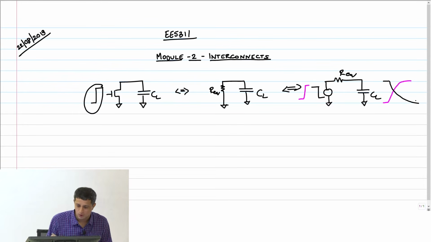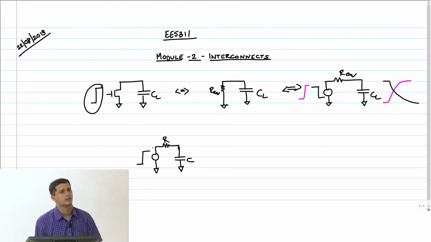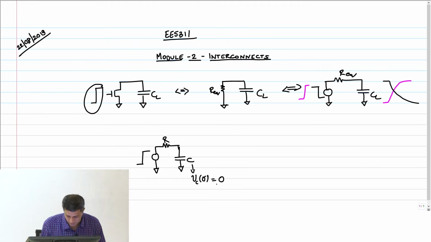So, in summary, if I have an R and a C and I have a unit step function as the source voltage, assuming that this capacitor is discharged at t equal to 0, Vc of 0 minus equals 0.